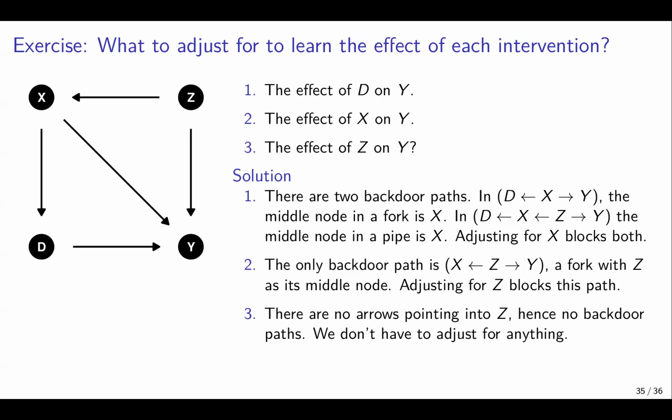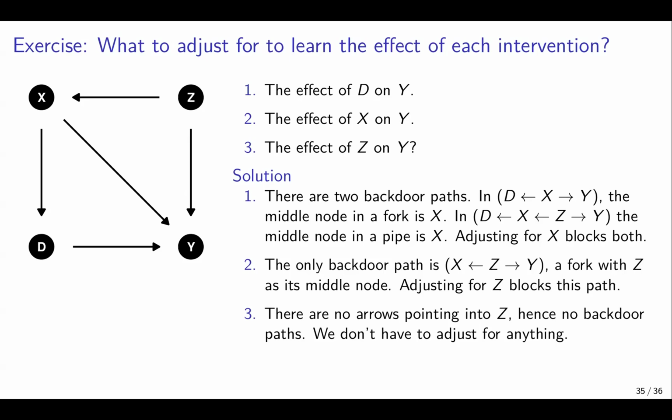For the causal effect of d on y, there are in fact two backdoor paths. So if we take a look at this one from between d and x and y, we see that there's an arrow coming into d. It starts there, and you can trace that back to x and into y.